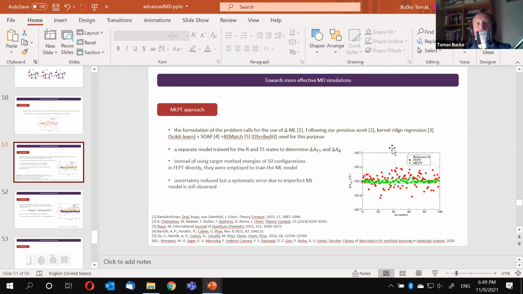We use a kernel ridge regression model and very usual SOAP descriptors, which MLFF also uses, or variants of which VASP uses too. But this could be replaced also by other descriptors and other regression models. So this is pretty general. We didn't experiment much with that. What we used worked pretty well out of the box, so we didn't have to deal with that, and I'm not aware of any constraints.